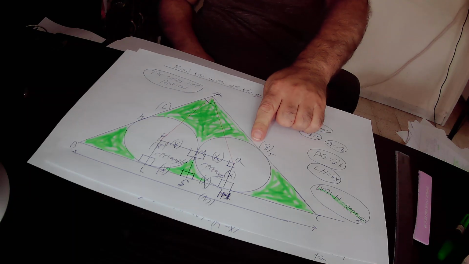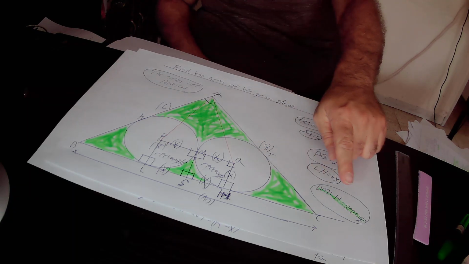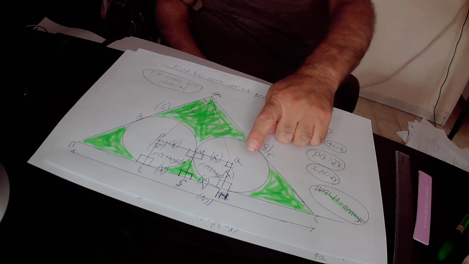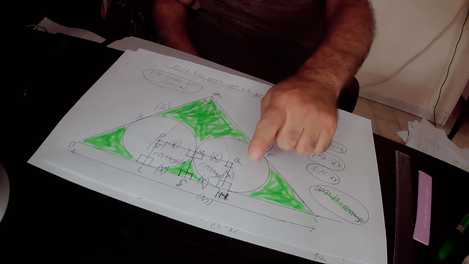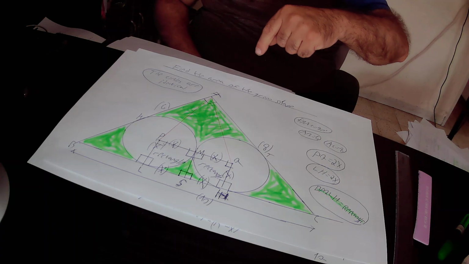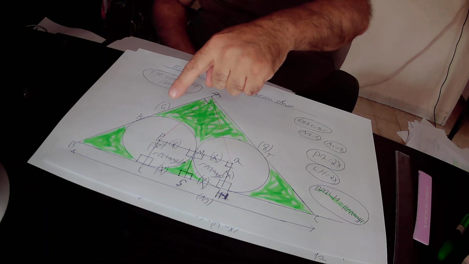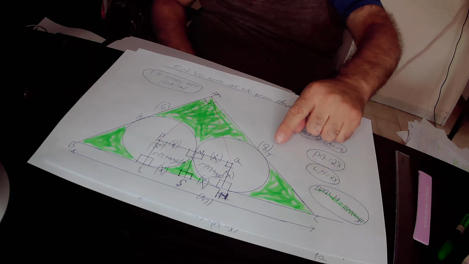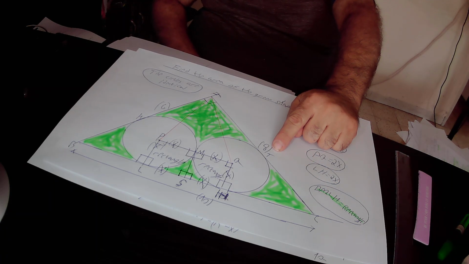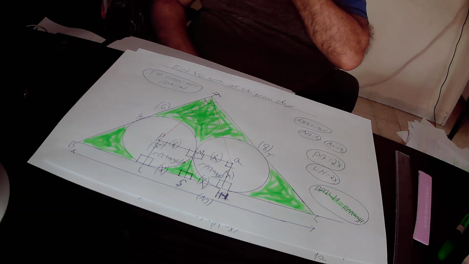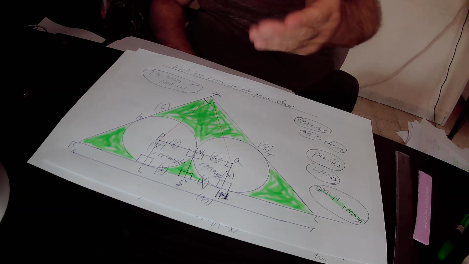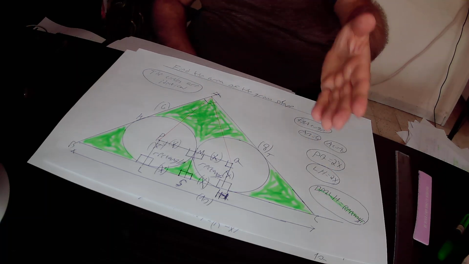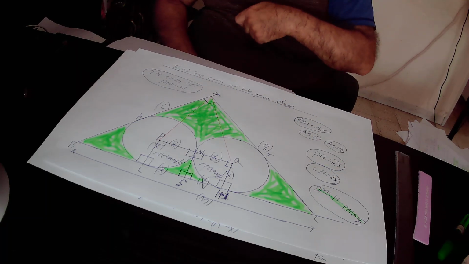We define the point of tangency of tangent BC with this circle, this point, as point N. We define the point of tangency of tangent BC with this circle, this point, as point H. We define the point of tangency of tangent AB with this circle, this point, as point K. We define the point of tangency of tangent AC with this circle, this point, as point T. We define the radius of this circle as x, and because the circles are identical, they also have the same radii.